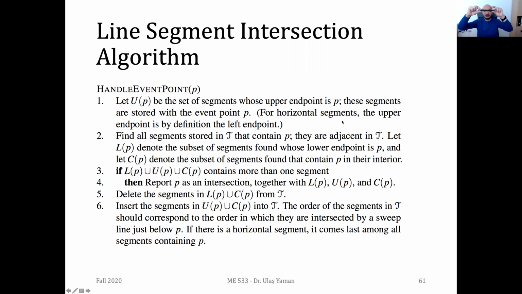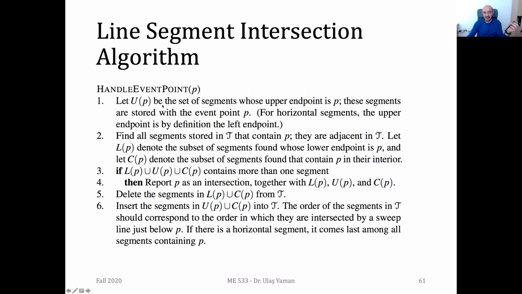You might have such horizontal segments, and their upper endpoints are defined by the left endpoints. After you store all these segments starting with the upper event point P, you'll find all the segments stored in tau, which is our status data structure, which have that event point P. So this is handling the event point.